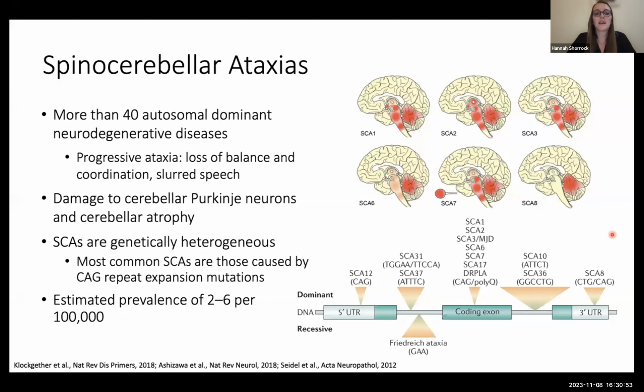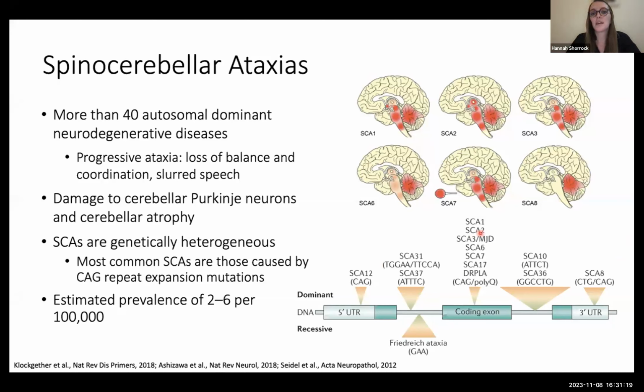Now, spinocerebellar ataxias are genetically heterogeneous, and so the more than 40 different types are caused by a different mutation within a different gene for each subtype. And the most common type of mutation, which causes some of the most common of the spinocerebellar ataxia subtypes, are those caused by CAG repeat expansion mutations.